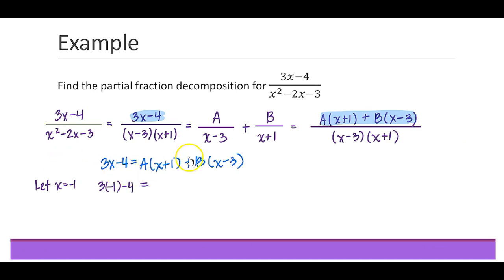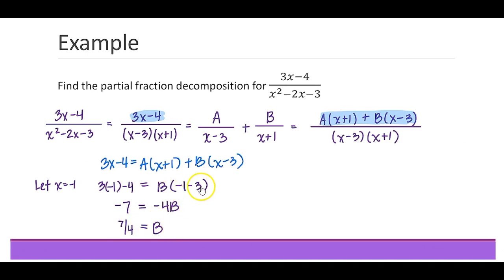That's the whole point, that right-hand side, one of those terms should zero out. And then I have just b times (-1 minus 3). So on the left, I have -7. On the right, I have -4b. Well, that means I can just go ahead and divide by -4, so I get the value of b is 7/4, which we already knew from solving a system of equations.